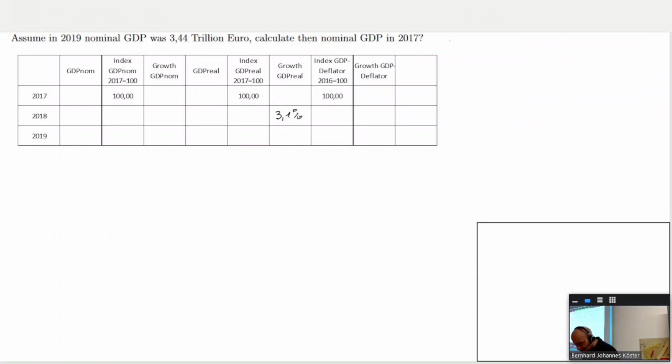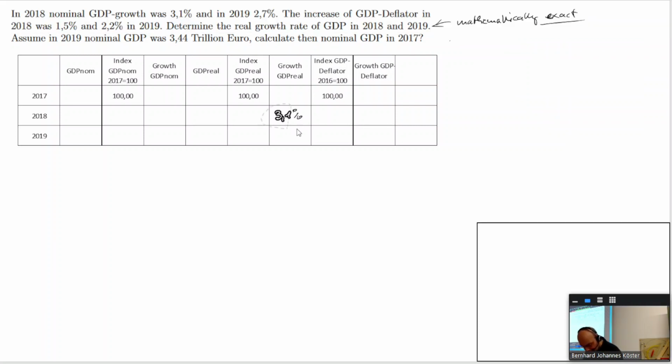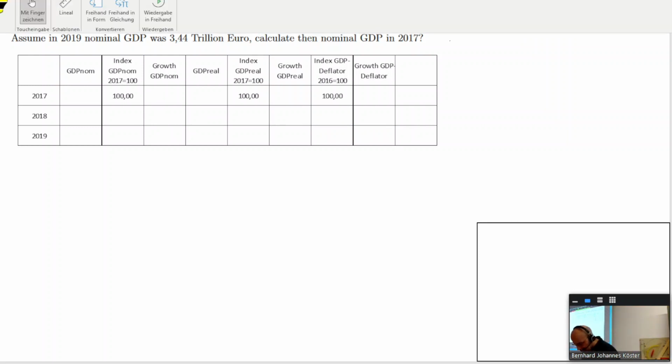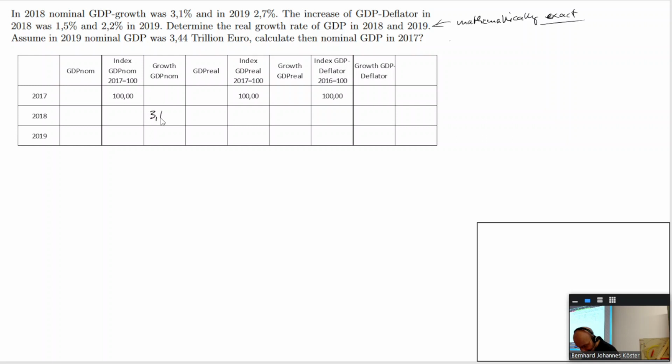This is nominal, so this I have to move. That is not working. So then let's do it with my handwriting. 3.1, and in 2019, 2.7.